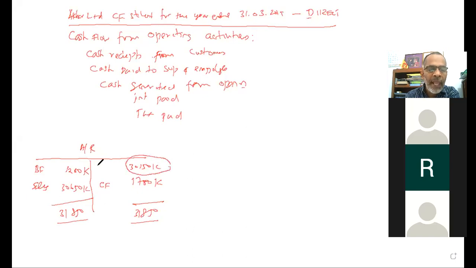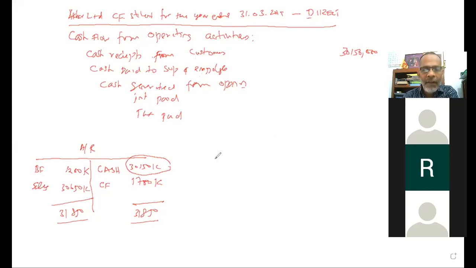This is the accounts receivable account credit. What account is debit? Cash account. Therefore, I am writing here 30,150,000 cash receipts from the customers after preparation of the accounts receivable account.